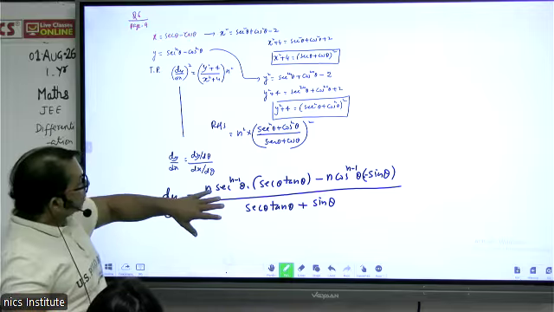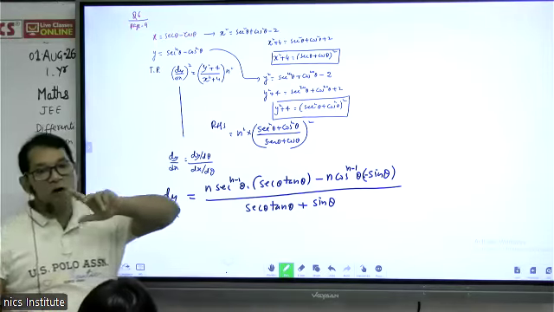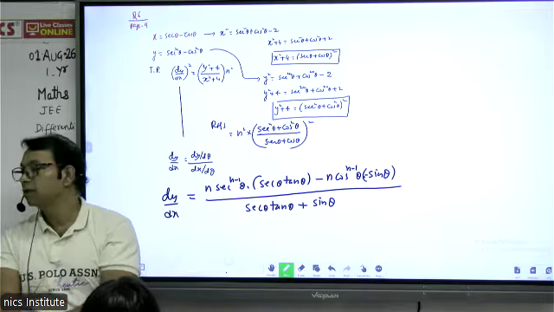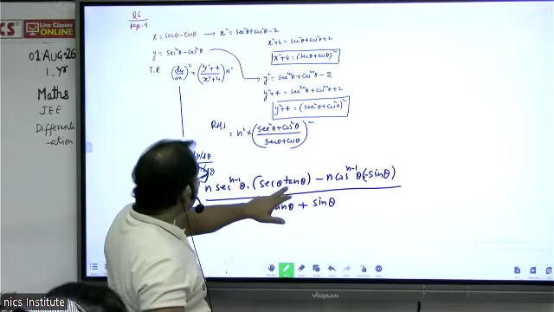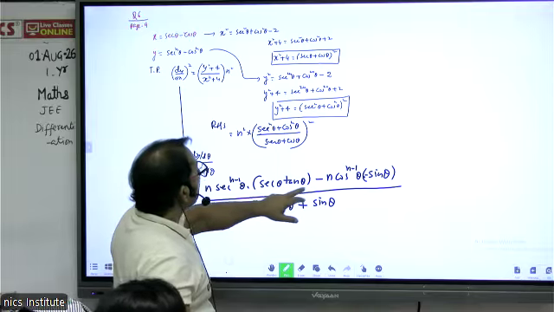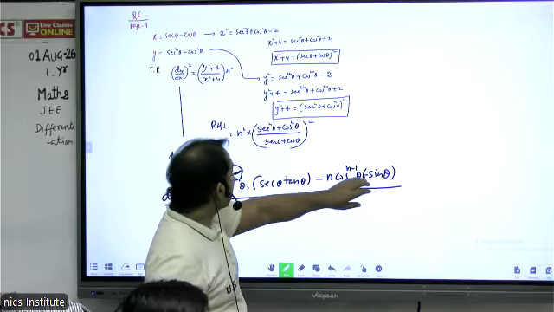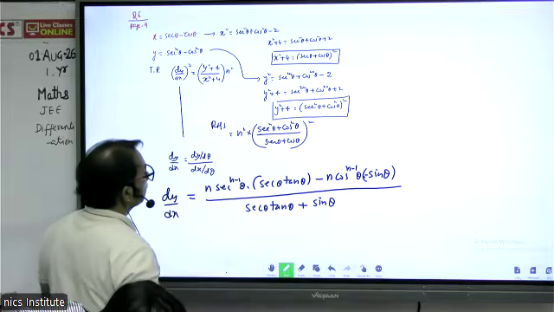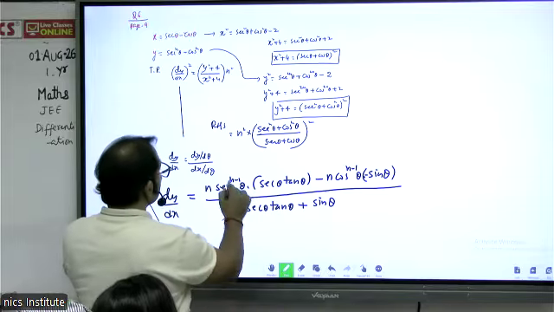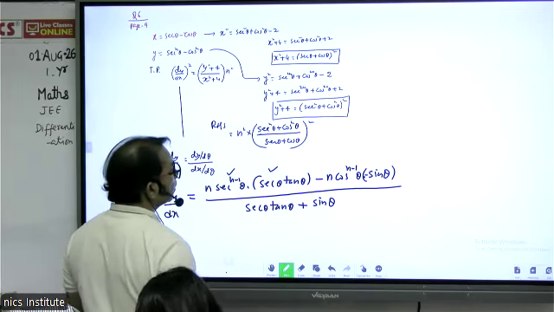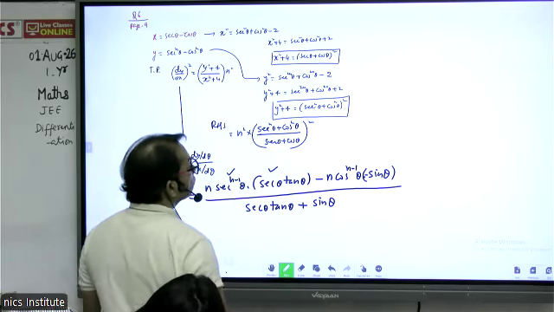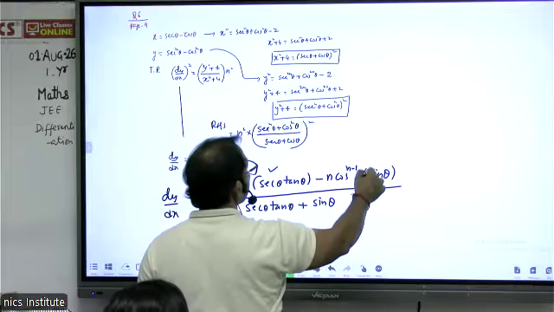But its square should be this. So now rearrange the terms. How would you rearrange? I don't want tan, I want sine. Here you can multiply with cos and divide by cos.